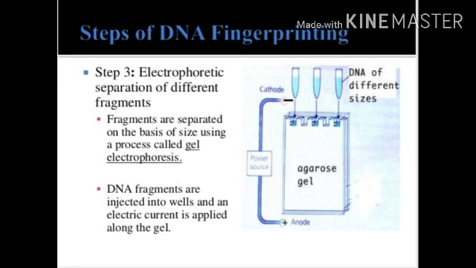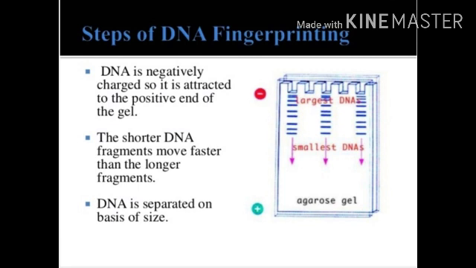So from that we can separate DNA. The fragments are separated on the basis of size using a process known as gel electrophoresis. DNA fragments are injected into the wells and an electric current is supplied along the gel. DNA has a negative charge because of the presence of phosphate groups, so it is attracted to the positive end of the gel.